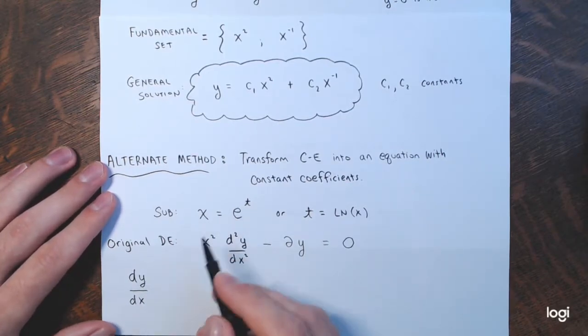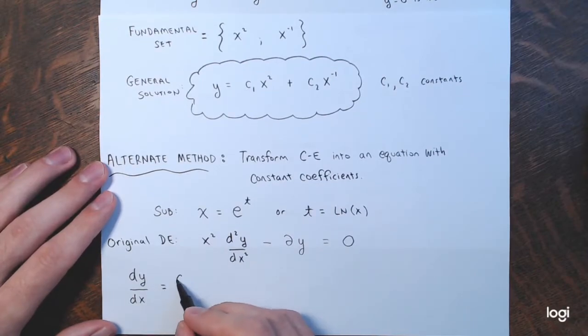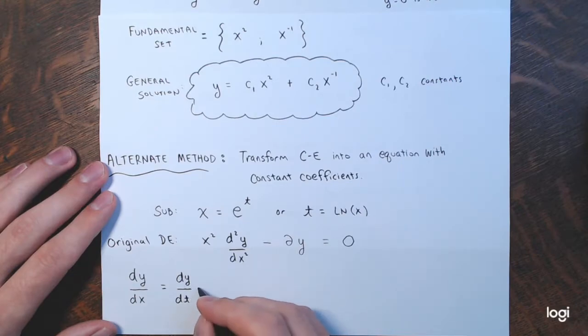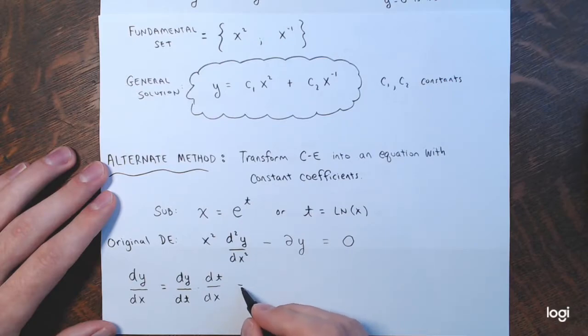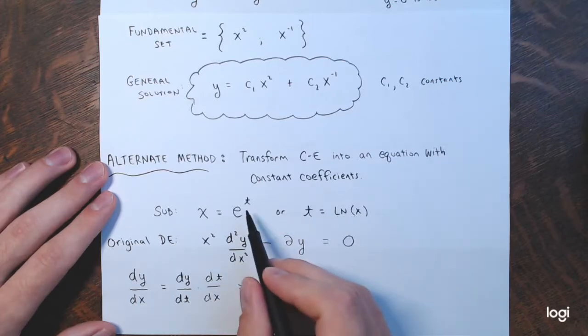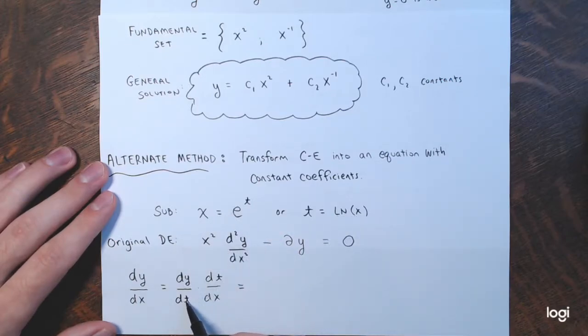Because I'm making this substitution, dy dx would be equal to dy dt multiplied by dt dx, right? Through the chain rule. So y depends on t, and t depends on x this way.